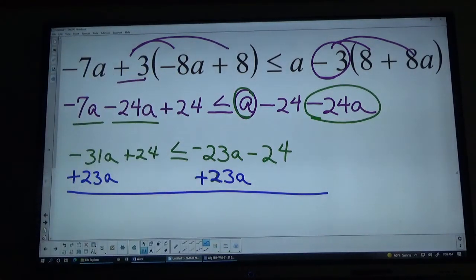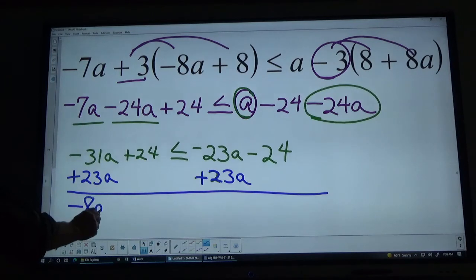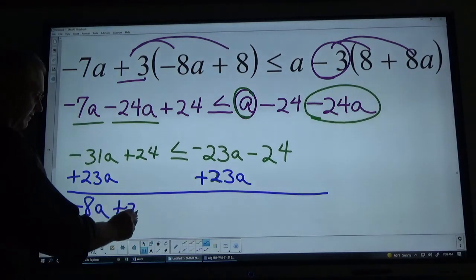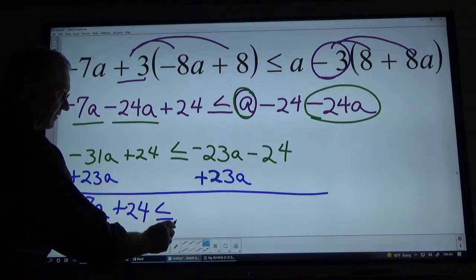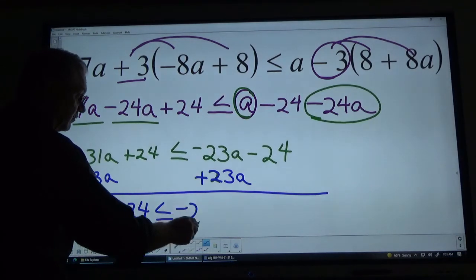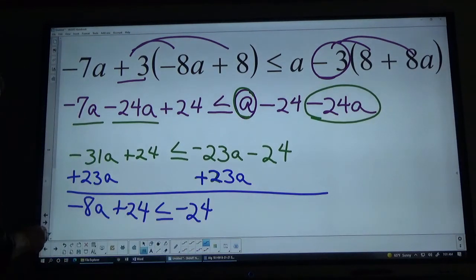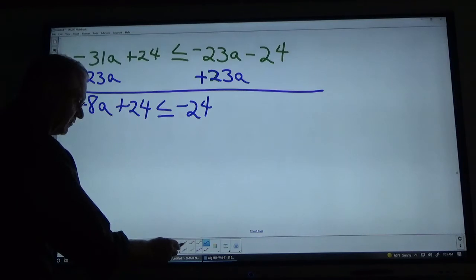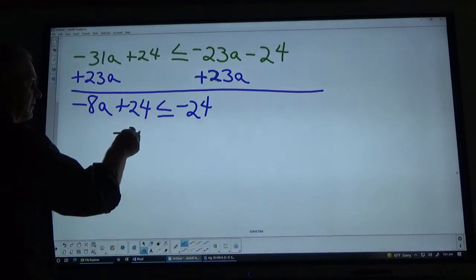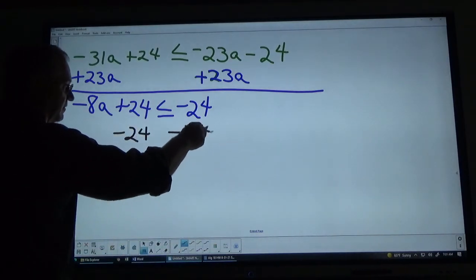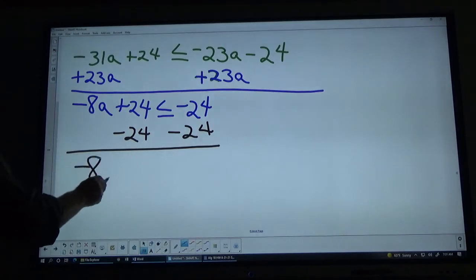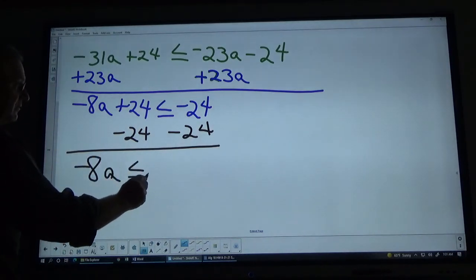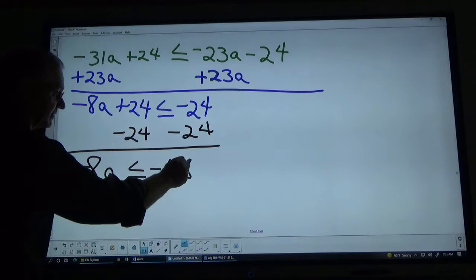In this case, I end up with a negative 8a plus 24 less than or equal to negative 24. I'm going to subtract 24 from both sides. Negative 8a less than or equal to negative 48.